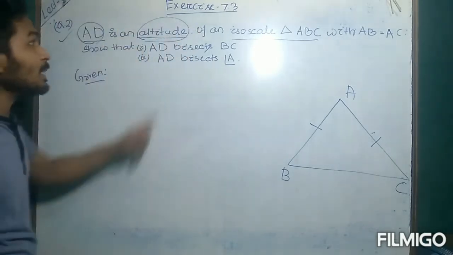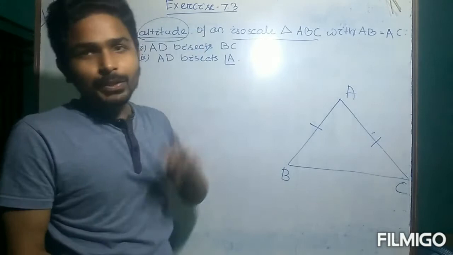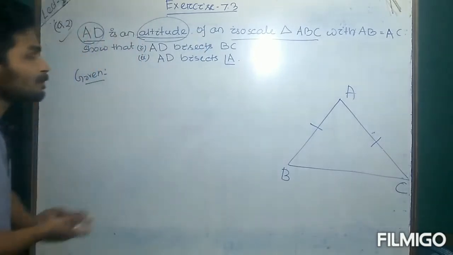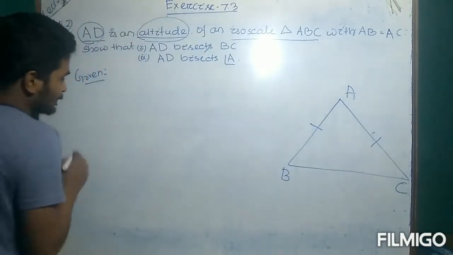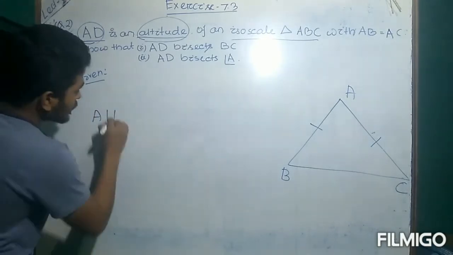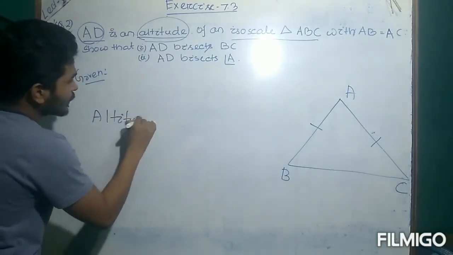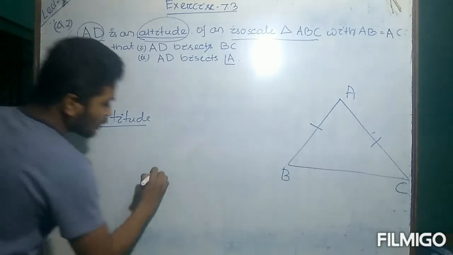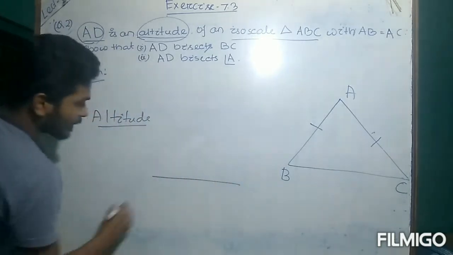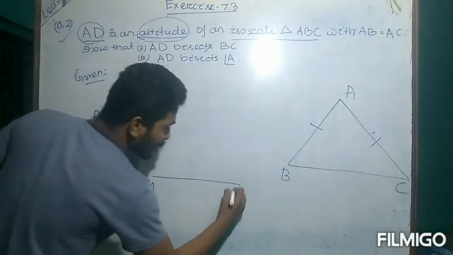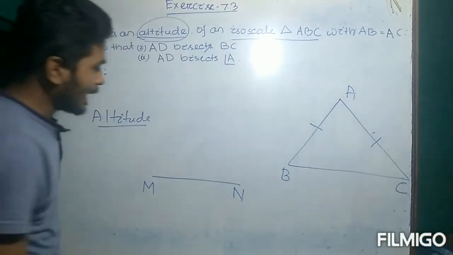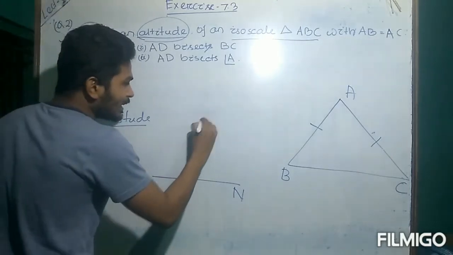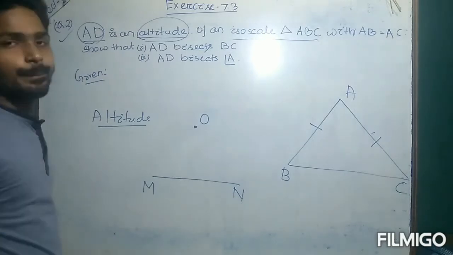As I have told you, what is the actual meaning of altitude? We have discussed it. Let's see. Suppose there is a line MN, and there is a point O which is above this line.